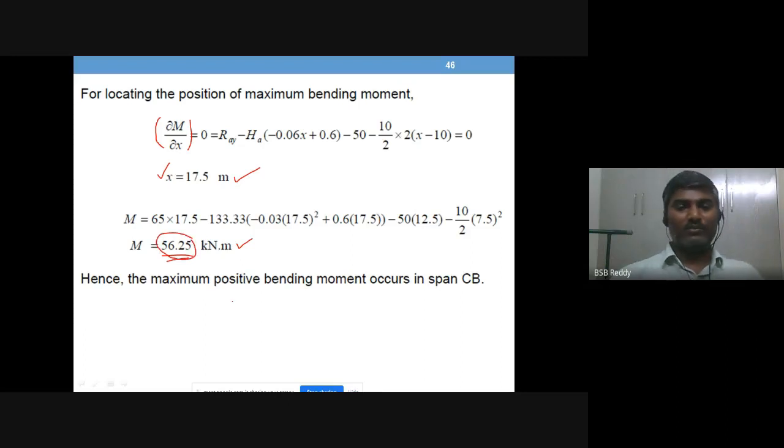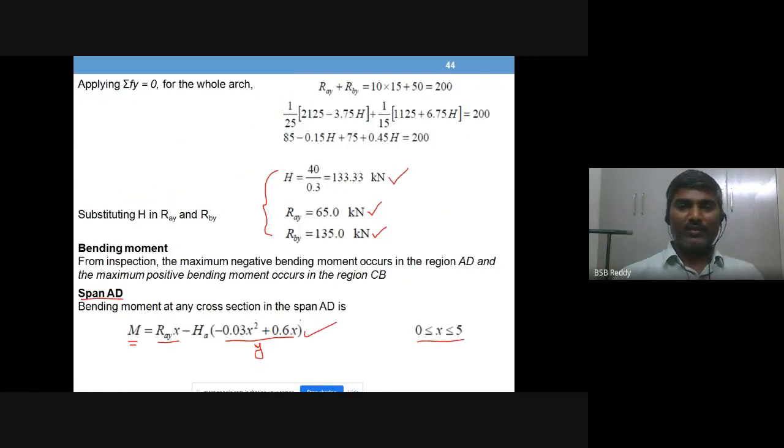Among these three values in the entire arch, the maximum value occurs in span BC, as we had guessed initially that portion BC has more load, so we expect more bending moment in that region. That is now proved. The value is 56.25, occurring at the midpoint of BC. So this is how we estimate the maximum bending moment in the arch. Okay, right, thank you.